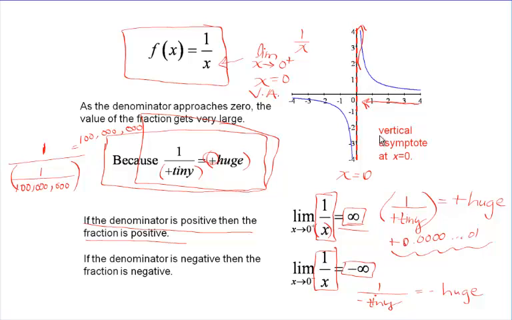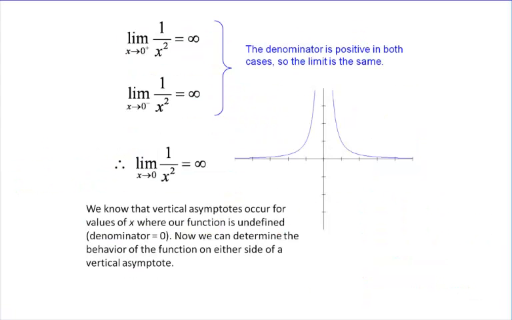So as I approach 0 from the left, which are super tiny negative input values, my output values are approaching negative infinity. So not only have I verified that I have a vertical asymptote using calculus, I can tell you exactly how the outputs behave on either side of that x value that's giving us mathematical trouble. There's the power of infinite limits.